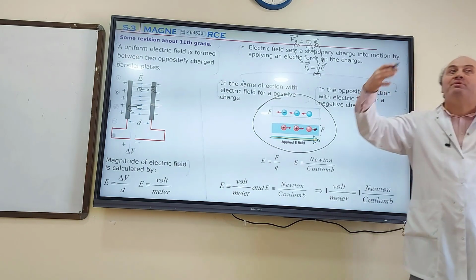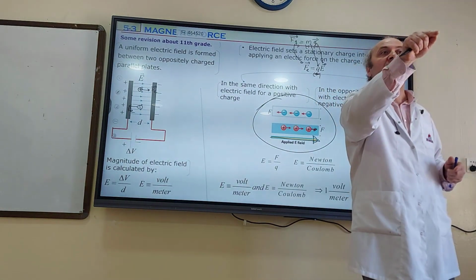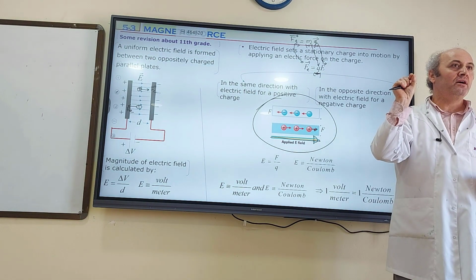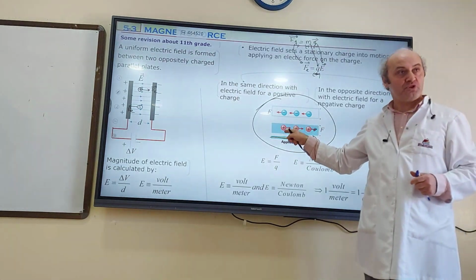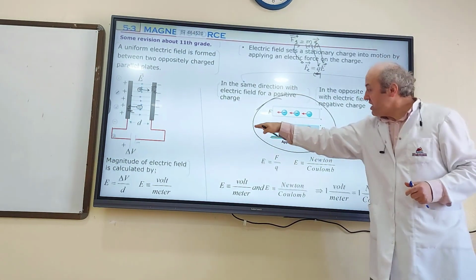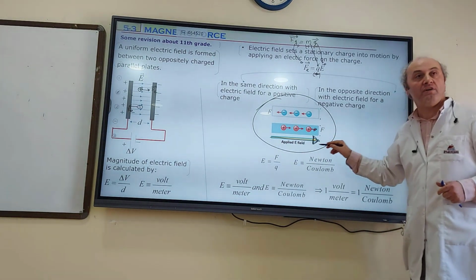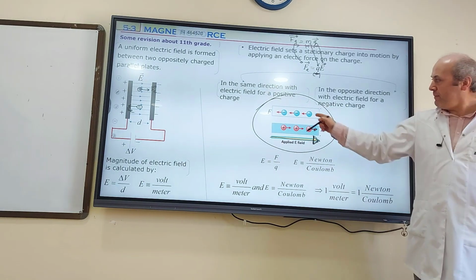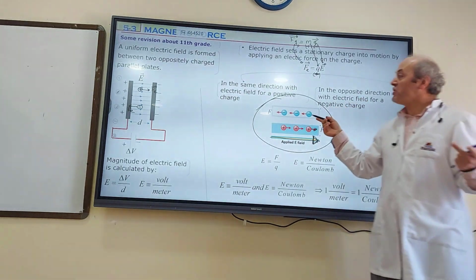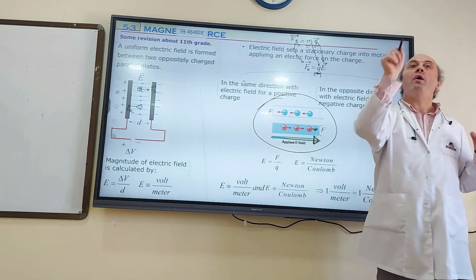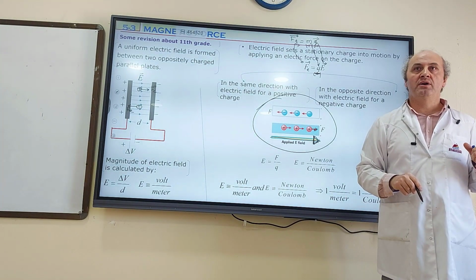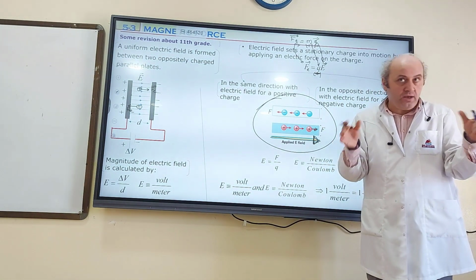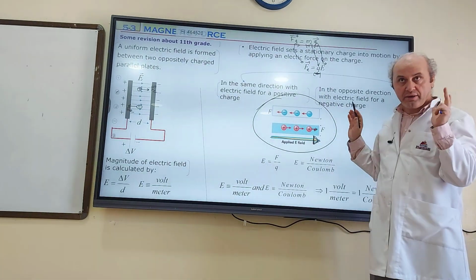That's why if you put a positive charge inside an electric field, it will move in the same direction as the electric field. But for negative charge, you get it? So negative charge always moves in the opposite direction of the electric field. This will help you right now in chapter 6, chapter 5, and also in chapter 9.